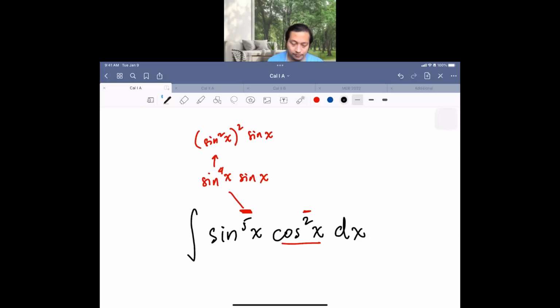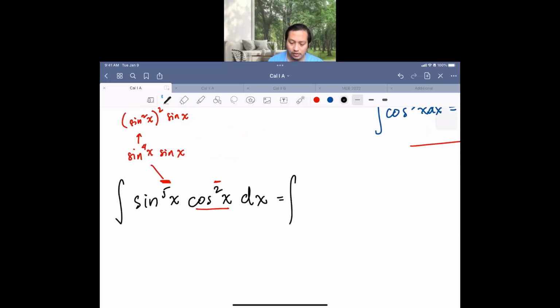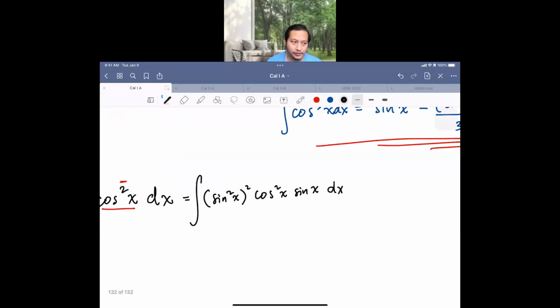So we make it into the squared, so we will have sine squared x and then squared. And then we still have sine, but let me write cosine squared first, and then sine x. This is the same equation, right? And now we have cosine squared, we have sine squared.